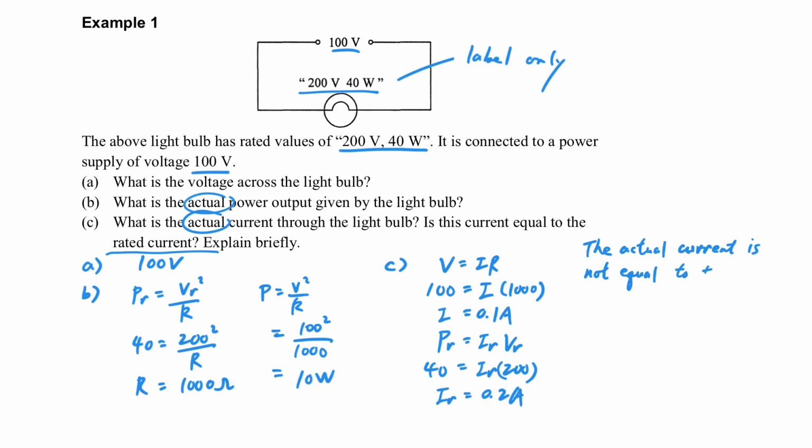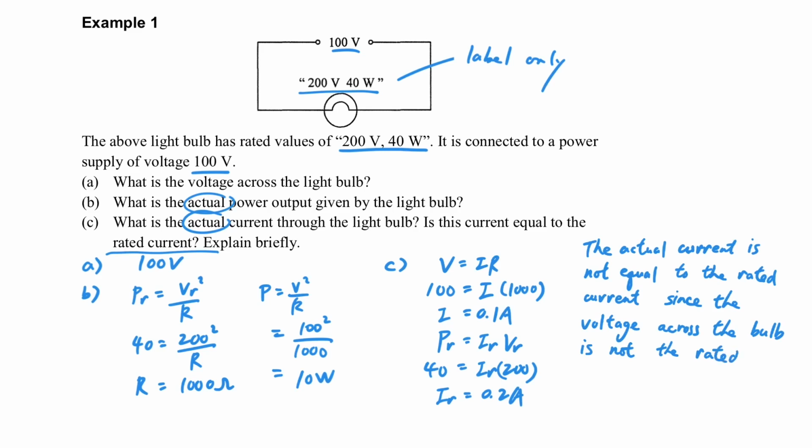The actual current is not equal to the rated current, since the voltage across it is different from the rated value. So here is the example about the use of the rated value.